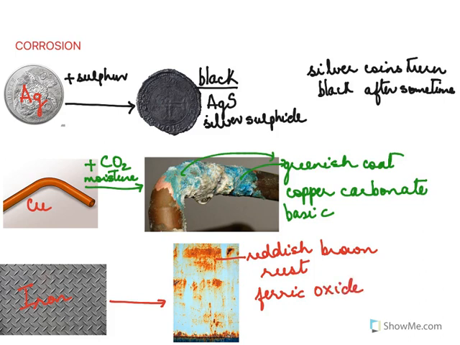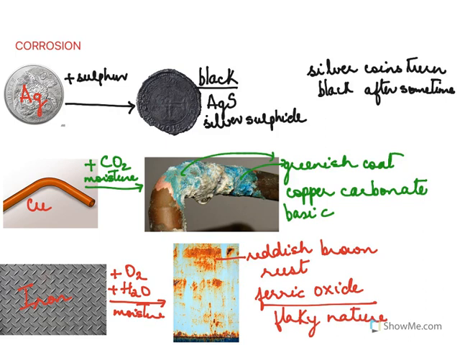And why does that happen? Because the pure iron combines with oxygen plus moisture, that is water, to form this reddish brown rust called ferric oxide. And this is very flaky in nature. What do you mean by flaky in nature? If you touch it, it comes all onto your hand.